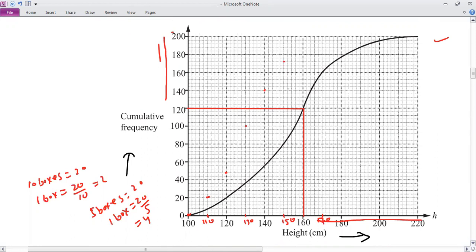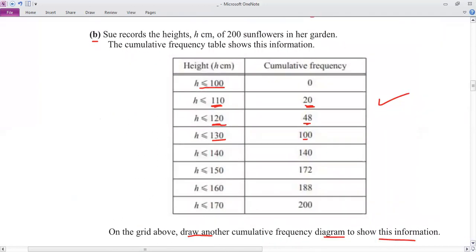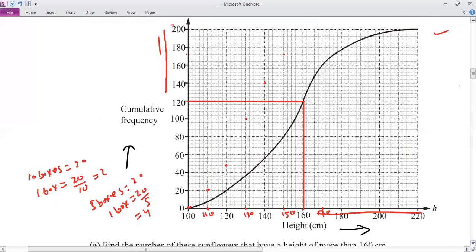This will be 172 in front of 150. And then for 160, 188. This is 184, 188. This one.